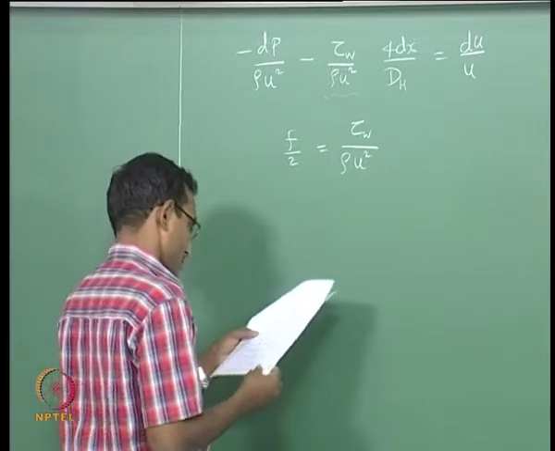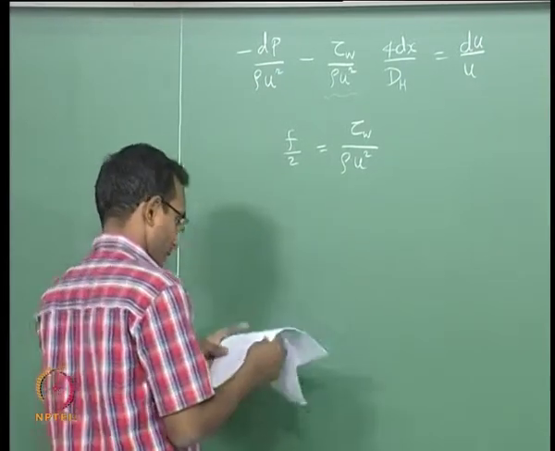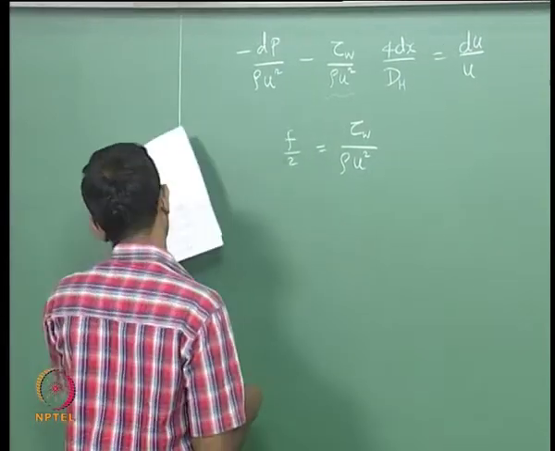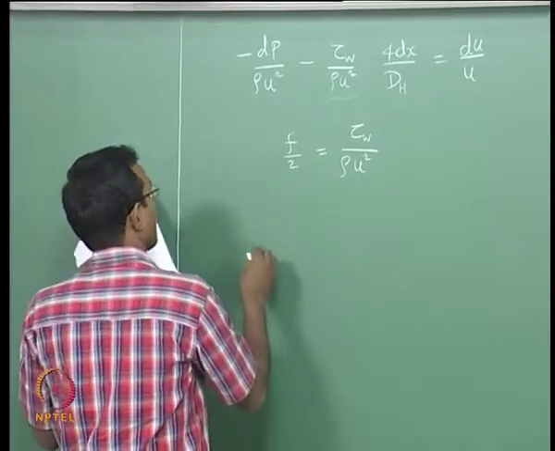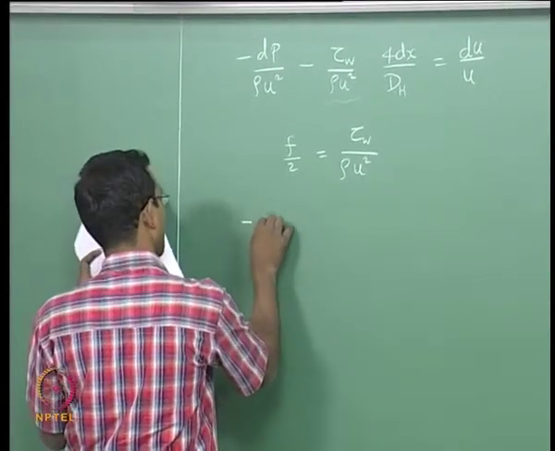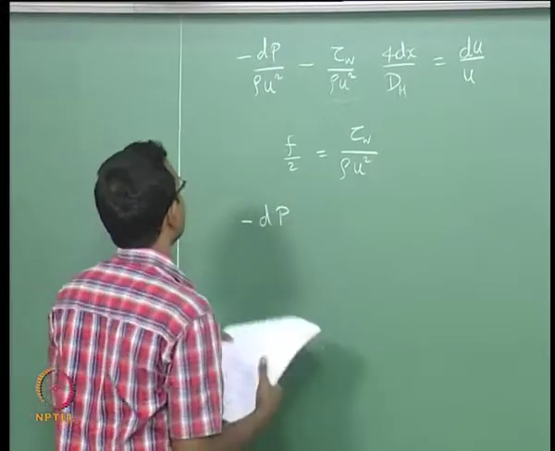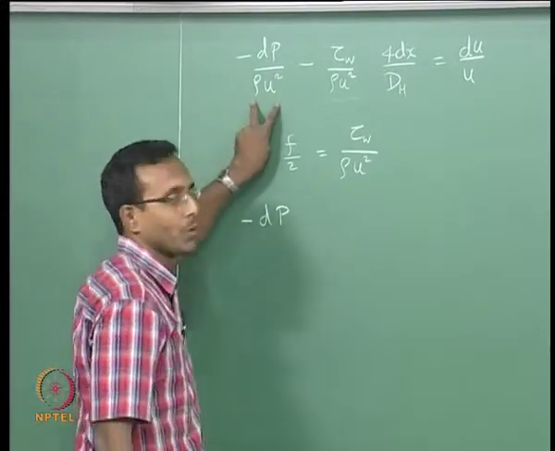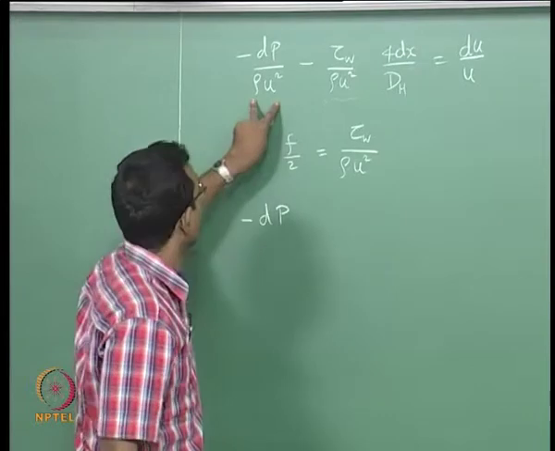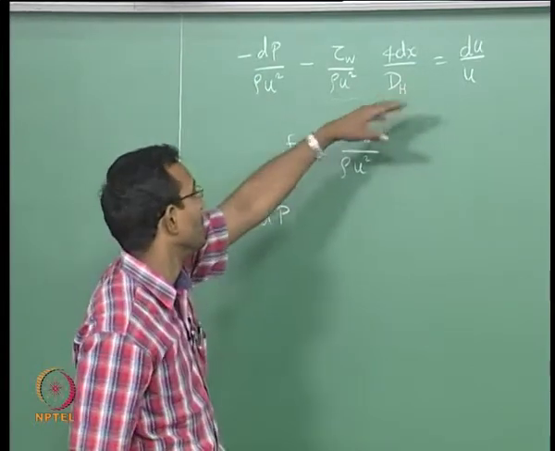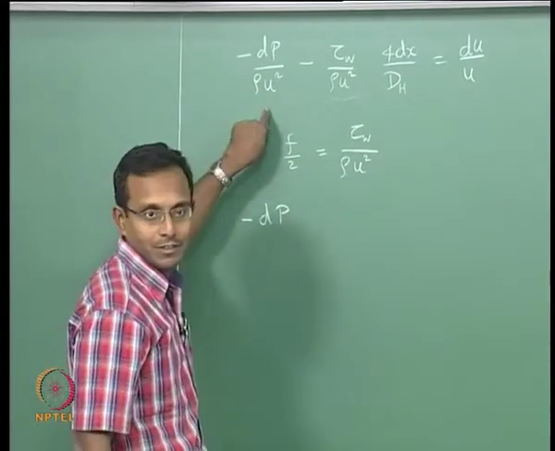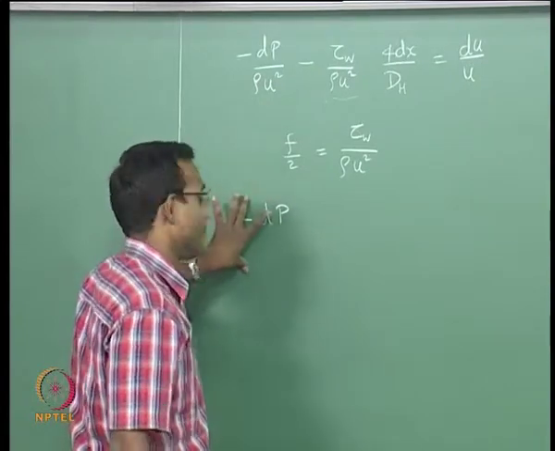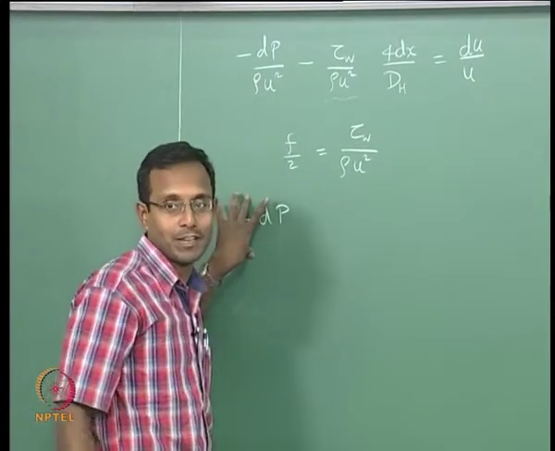Now we will start using this relation inside there and rewrite this. I want it as dp by p instead of rho u square. I previously wanted it to be du by u, so I just divided by rho u square. Now I want it to be dp by p because I have an expression for dp by p already.